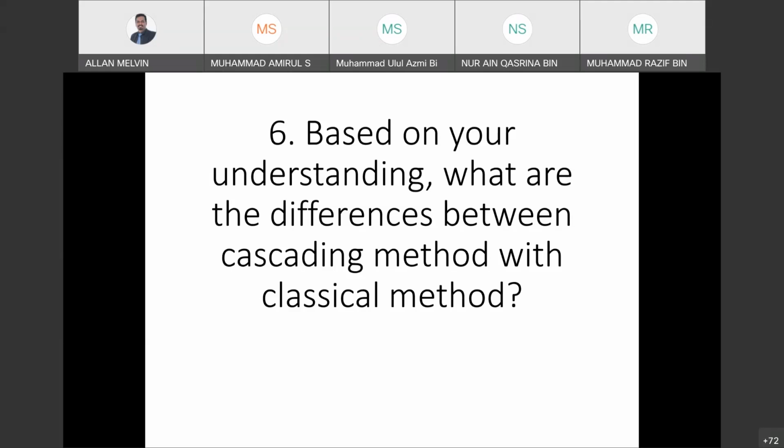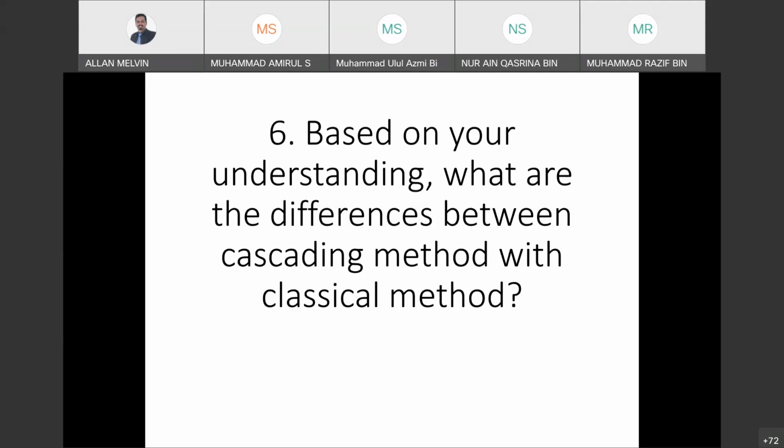Because when your production line becomes bigger, the classical method will not be relevant. The main drawback of the classical method is that it will cause a lot of signal overlap. So cascading method, the differences, answering this question.